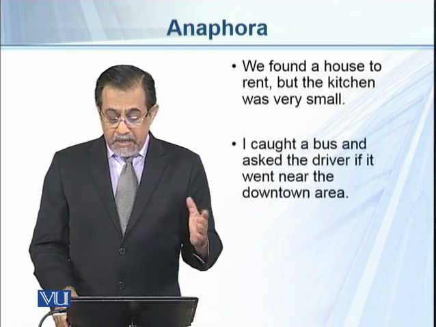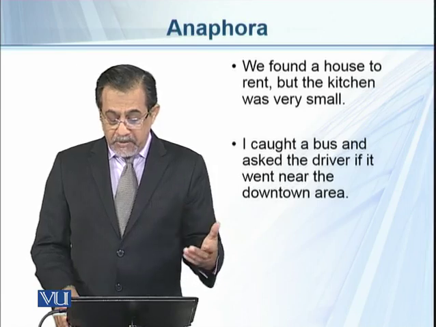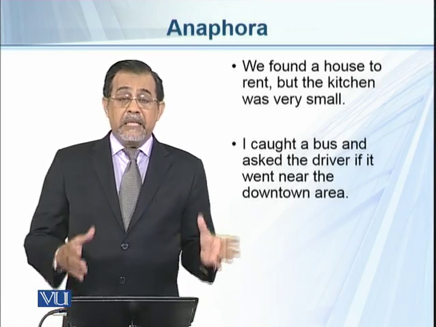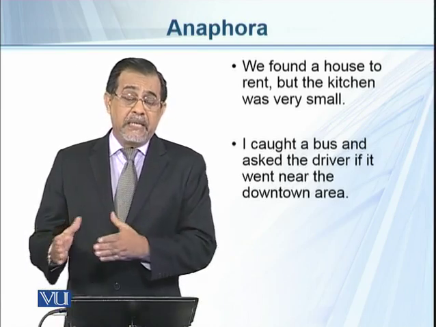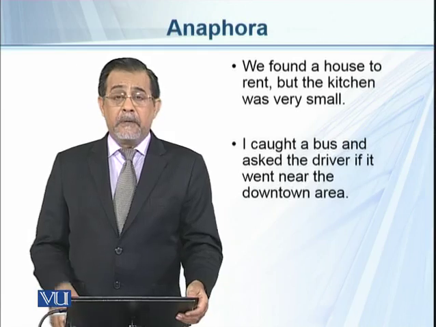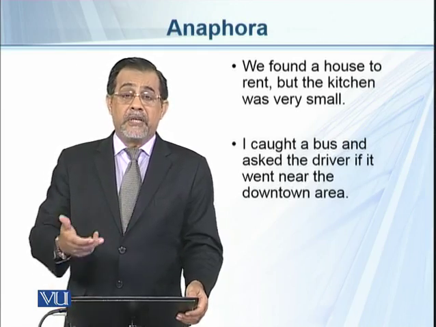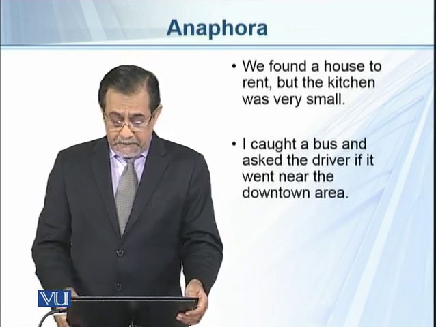Similarly, I caught a bus and asked the driver if it went near the downtown area. So we can say that if X is a bus, then it must have a driver. So our understanding is dependent on our understanding of inferences.